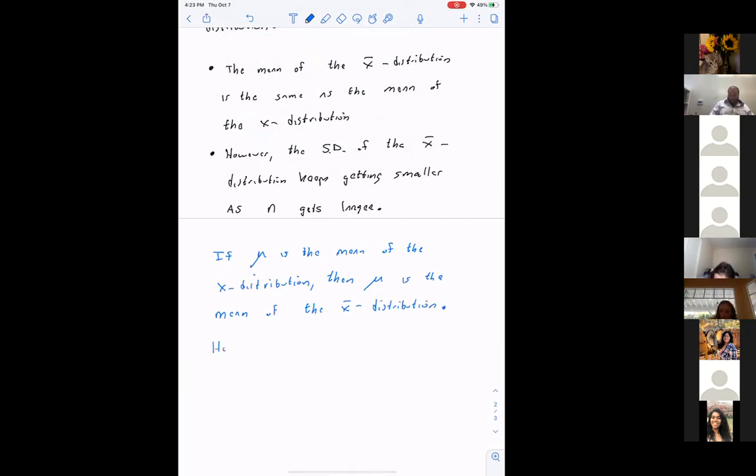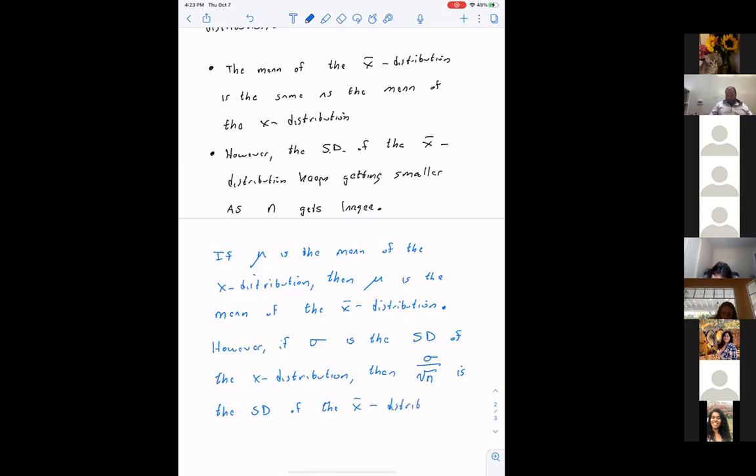However, if sigma is the standard deviation of the X distribution, then sigma divided by the square root of n is the standard deviation of the X bar distribution.